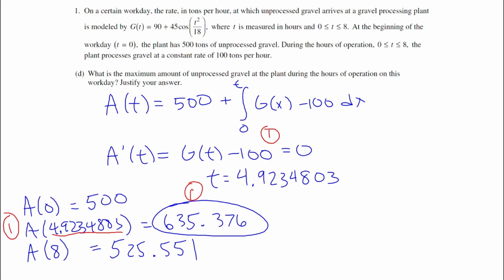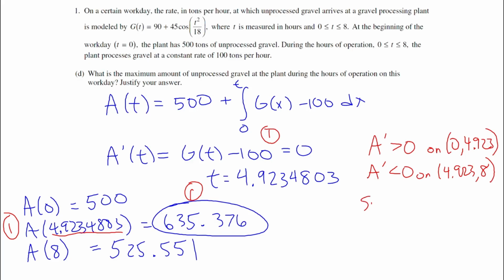So we could have said something like A prime greater than 0 on 0 to 4.923, and A prime less than 0 on 4.923 to 8. So A is increasing, then decreasing.